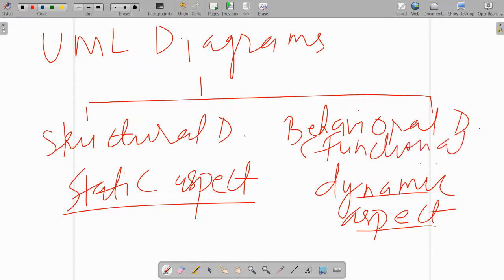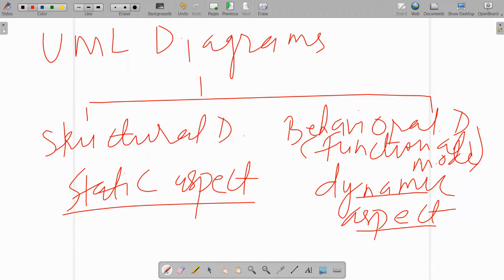So the structural diagram will give you the understanding that the representation is shown by the static aspect, that is the building block, and behavioral will show the function related to that particular block, or different classes. Whenever I talk about the class diagram, it will be more clear.